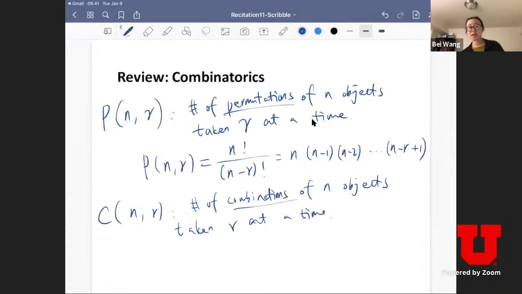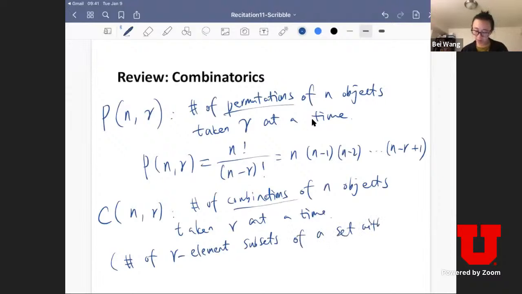In this case, when taking the combinations, the order does not matter. Essentially, this is alternatively the number of r-element subsets of a set with n elements. So the key is subset. When you take a subset from a set, the order of elements in the subset does not matter.